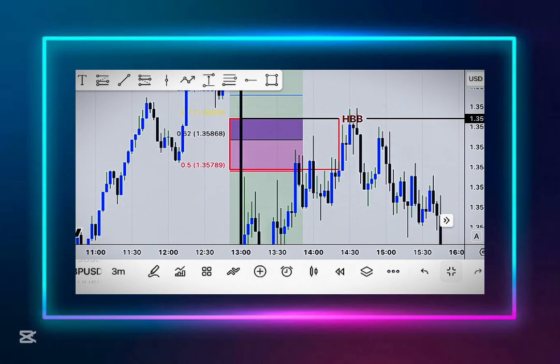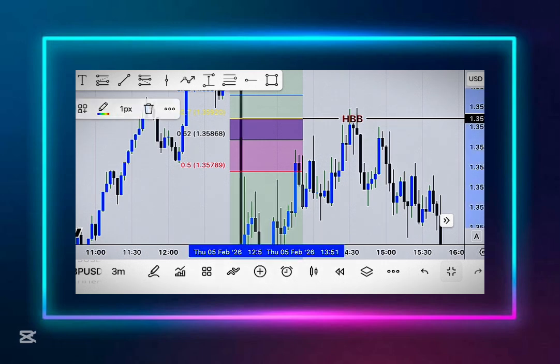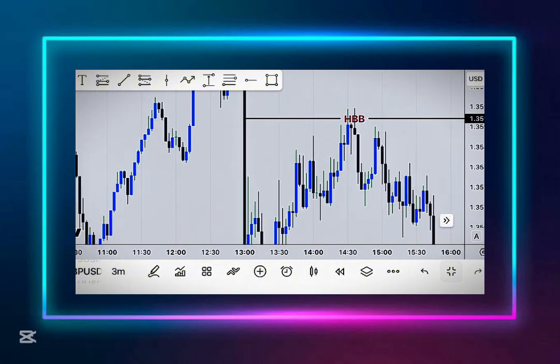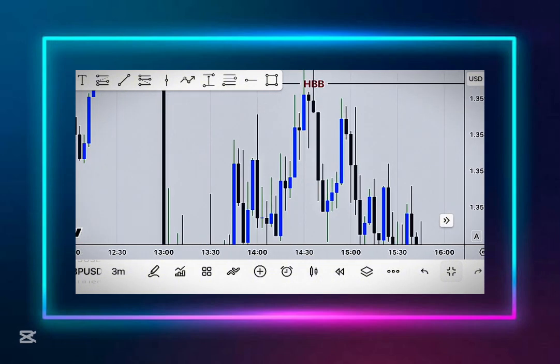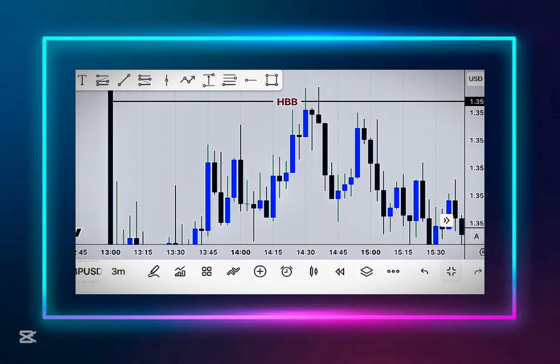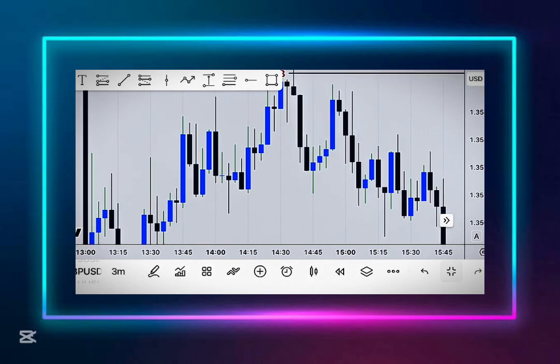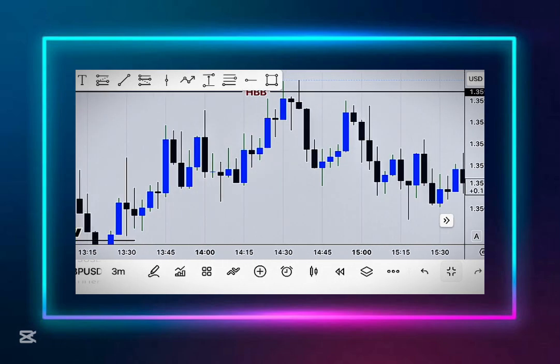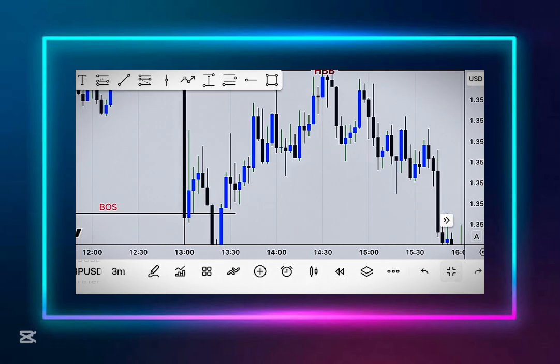Okay, so I saw price was there already. So I saw price there. The next thing is I'll be looking for confirmation. So what was my confirmation next? This was my confirmation.